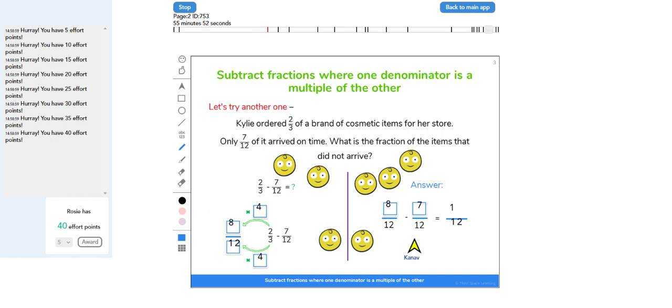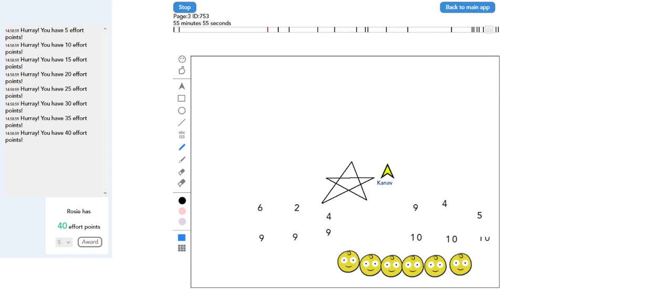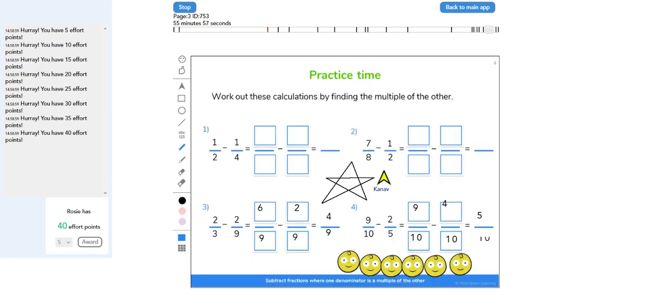Okay. And what was the example that we discussed over here? There was 7/8 of a cake and 1/2 of a cake, and the 7/8 were bigger.